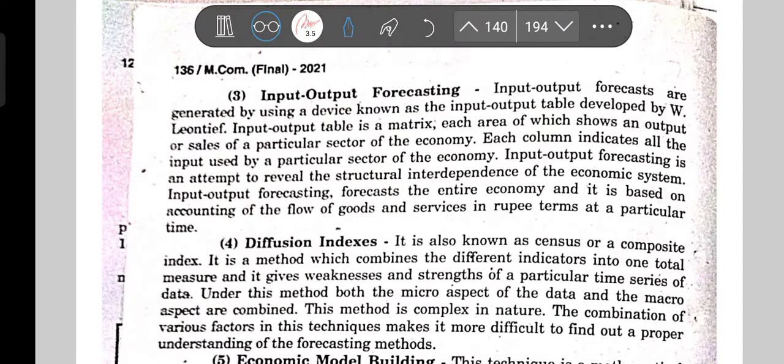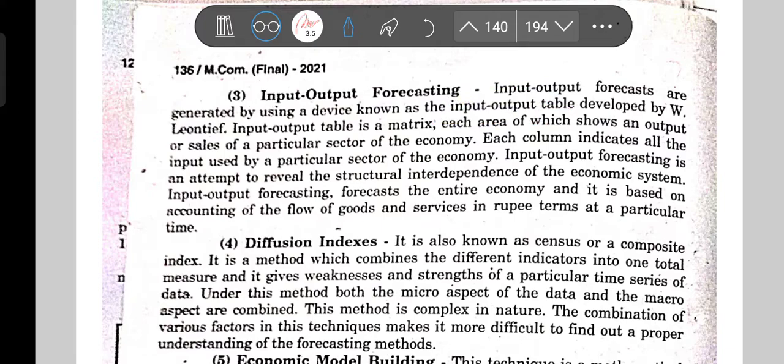Then comes input-output forecasting. What is input-output forecasting? It is generated from a table developed by Leontief, the input-output table.